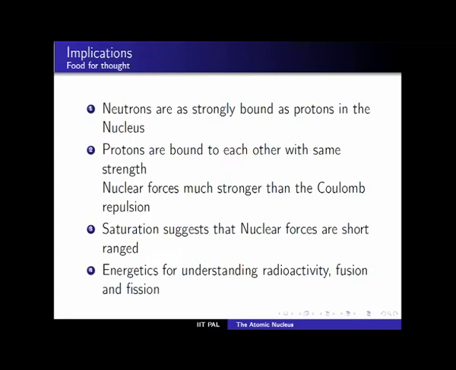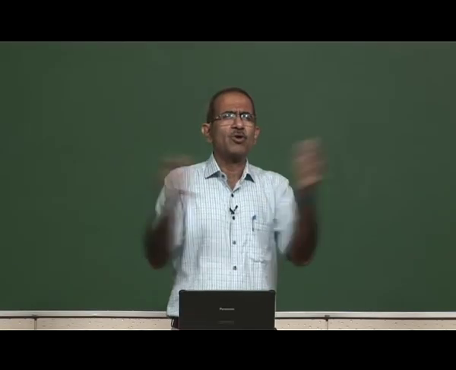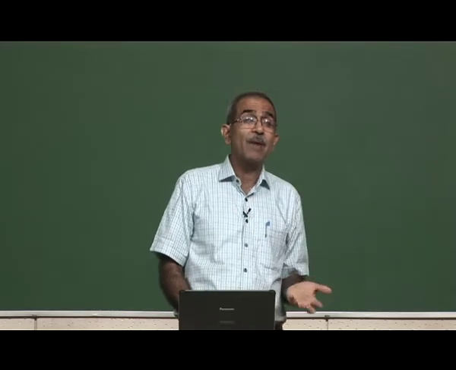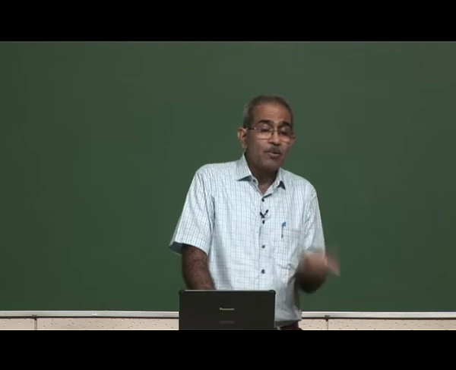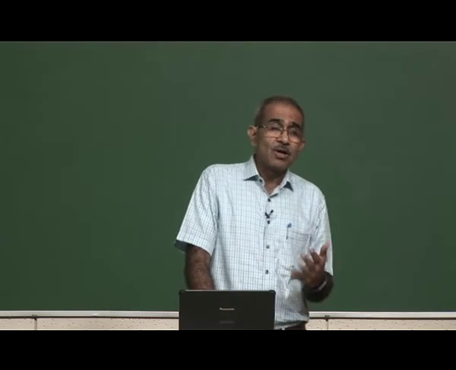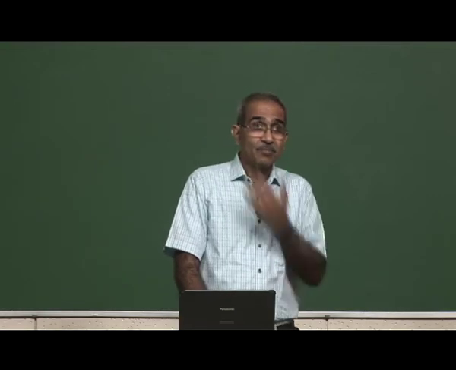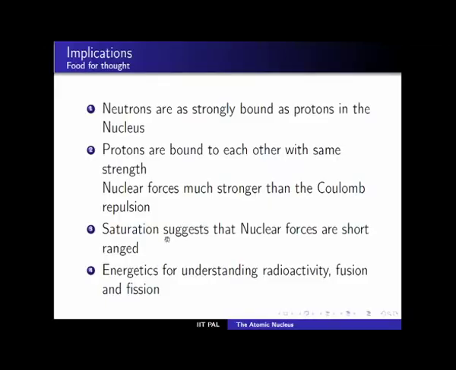Okay. But then in that case, I should be able to bring a lot of protons and neutrons together and make very, very big objects. It doesn't happen. I am at most able to make a nucleus with about 200 nucleons. That means the interaction distance, the range of the nuclear forces, must be very, very small.